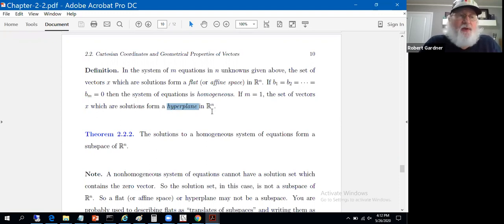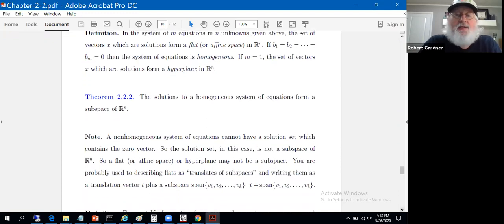There's a kind of an above and a below a hyperplane, or hyper above and hyper below. So that's the reason the word plane is used, even though the dimension is not 2. I mean, we're used to thinking of two-dimensional things as planes. Here we got an n-1 dimensional thing. Well, I guess it ain't a plane, it's a hyperplane. And again, we'll talk about translates here in a second.